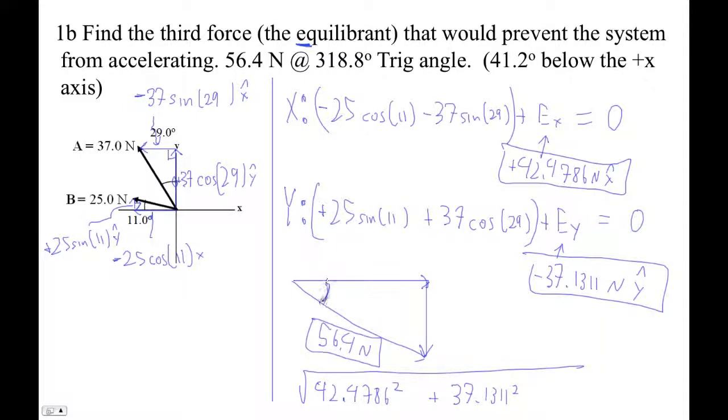And then let's find this angle right here below the axis. That's going to be inverse tan of the opposite over the adjacent. So this is 37.1311 over 42.4786.